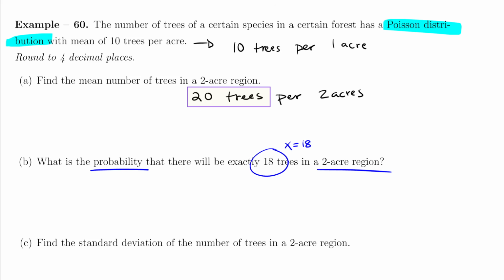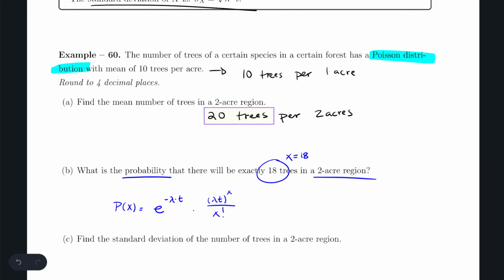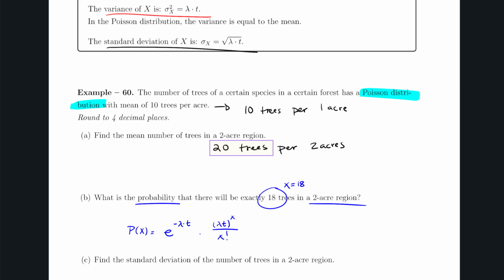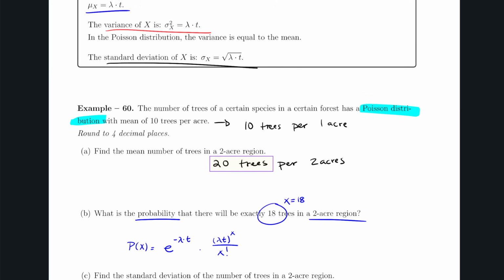And one thing I want to write down really quick, the formula for the probability of the Poisson distribution is the probability at x is e to the negative lambda t times lambda t to the x over x factorial. And if we zoom out to our most recent collection of formulas, we see that this collection here, lambda t, for the Poisson distribution is exactly the mean.